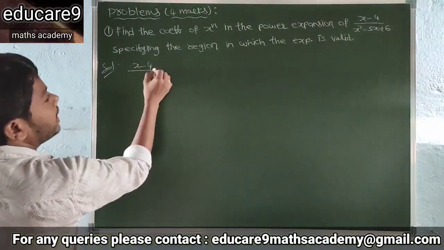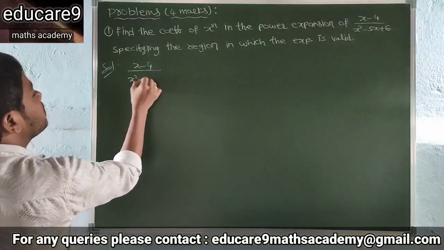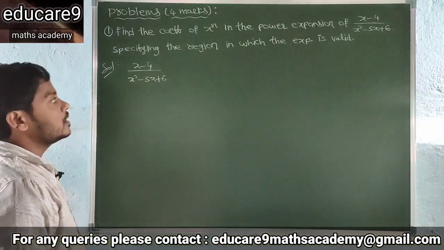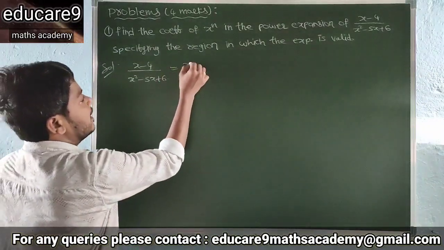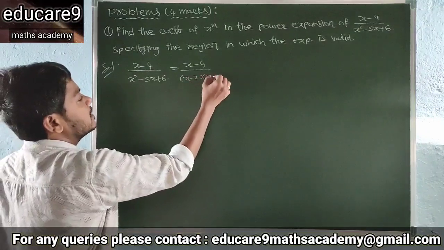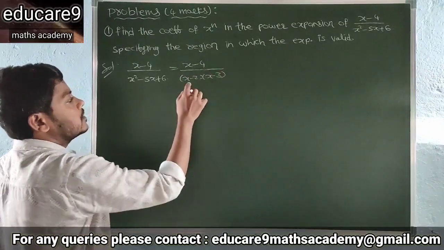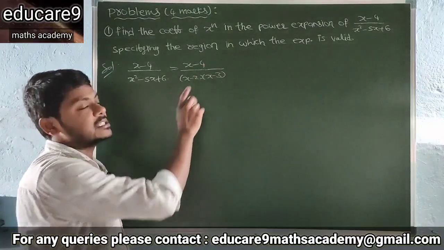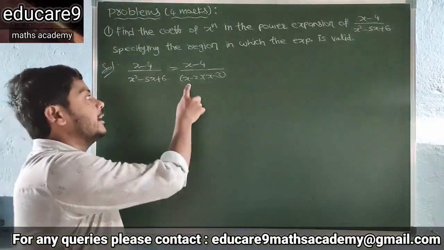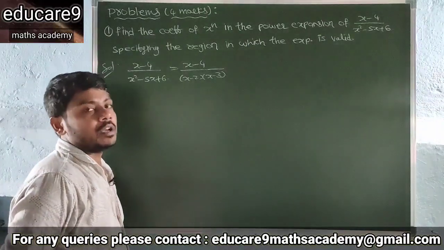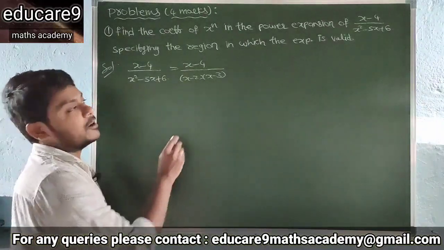Given x minus 4 by x square minus 5x plus 6, this can be written as x minus 4 by x minus 2 into x minus 3. Clearly the degree of f of x is less than the degree of g of x, and the denominator is a product of non-repeated polynomials, so this is type 1.